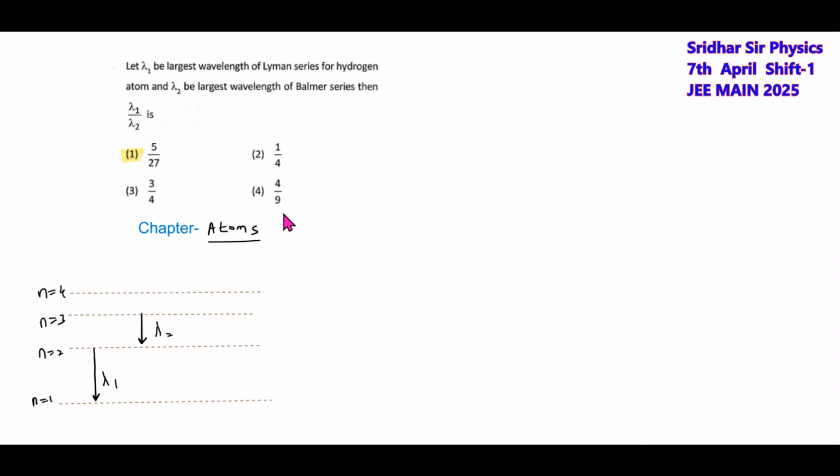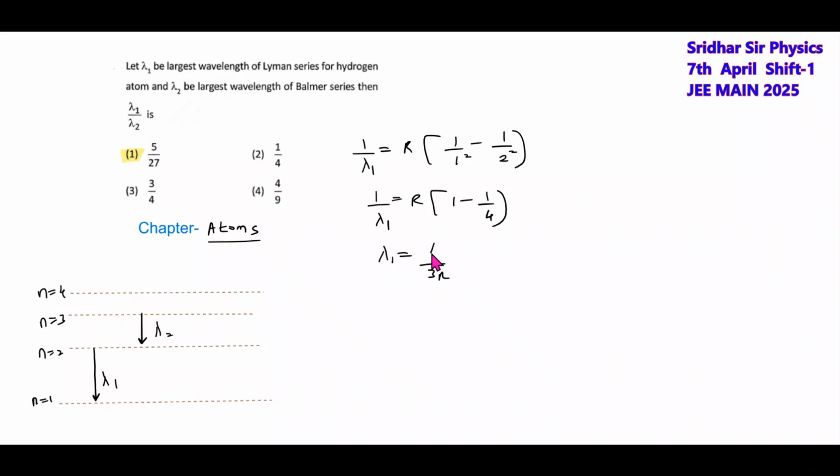Okay, agreed. Then 1 by lambda 1 should be equal to R times 1 by 1 square minus 1 by 2 square. Lambda 1 equal to 4 by 3R.